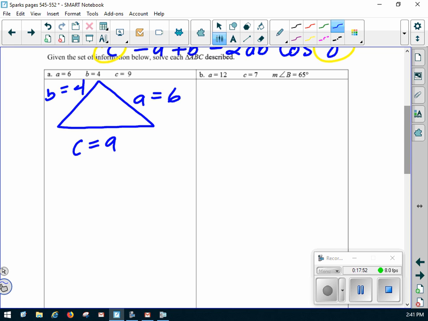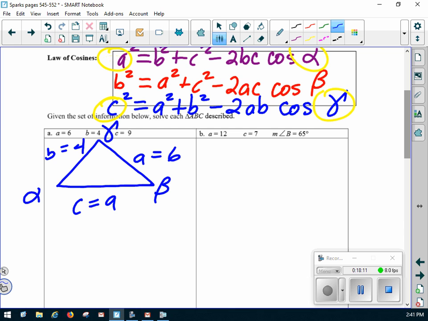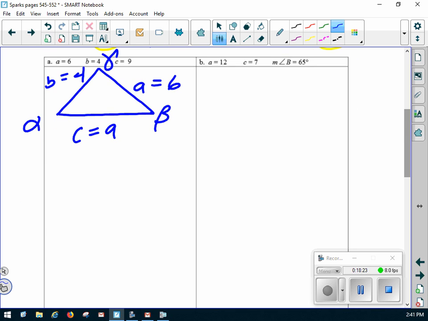Now, what angle is right here? Beta. Thank you. What angle is right here? Alpha. And gamma. Let's find angle alpha, just because we're going to start in alphabetical order. So let's use the equation that's got alpha in it. A squared equals B squared plus C squared minus 2BC cosine alpha.